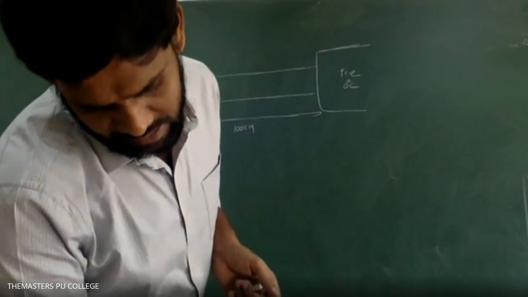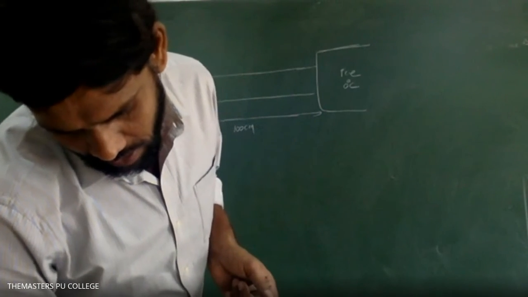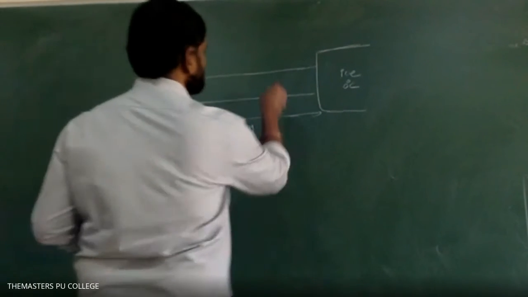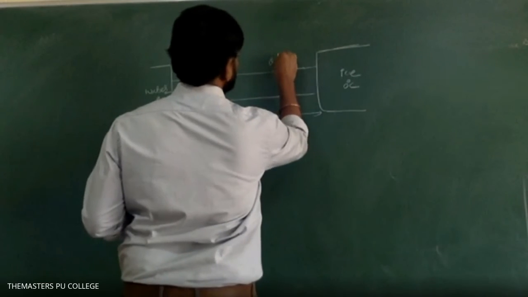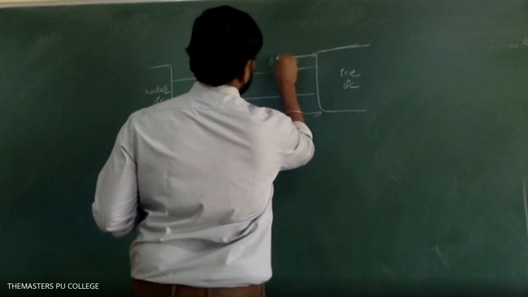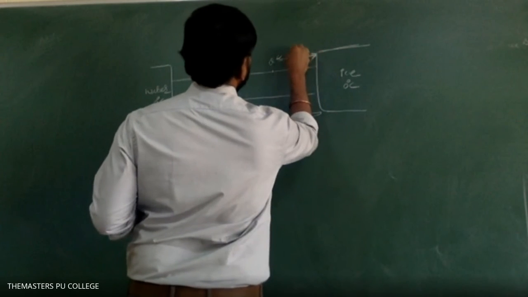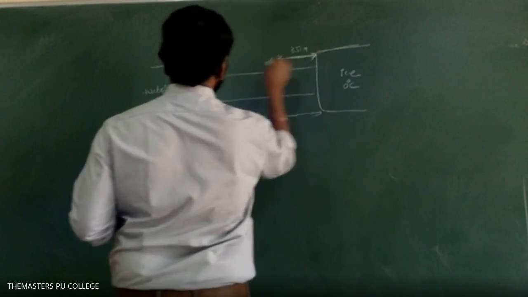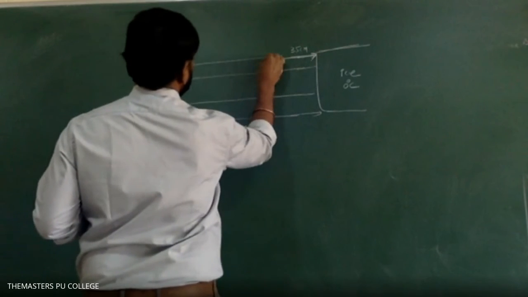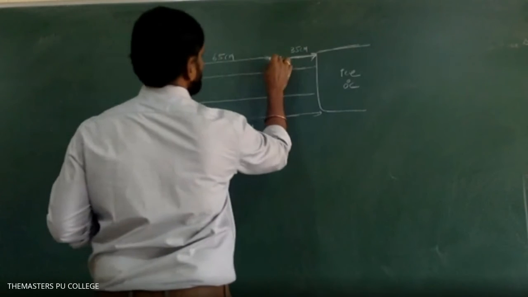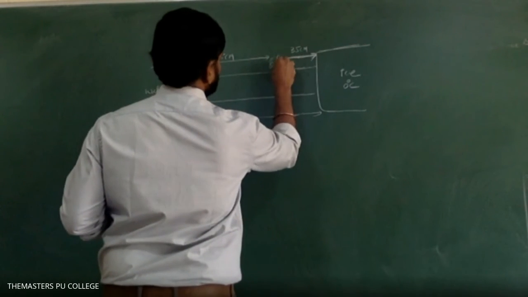They are asking about the temperature at a point which is 35 centimeter from the cold end. This is 35 centimeter, so this will be 65 centimeter. They are asking for the value of theta.